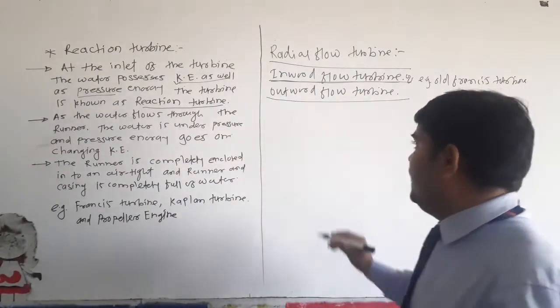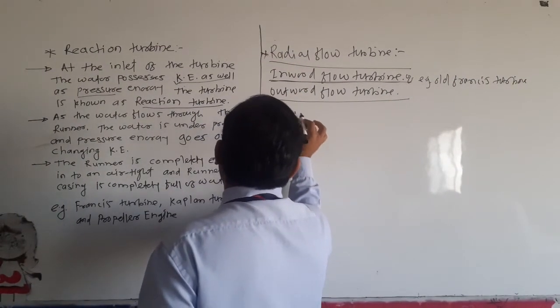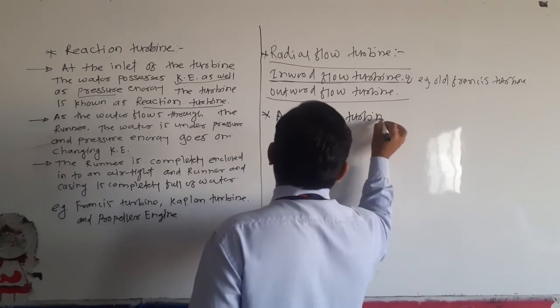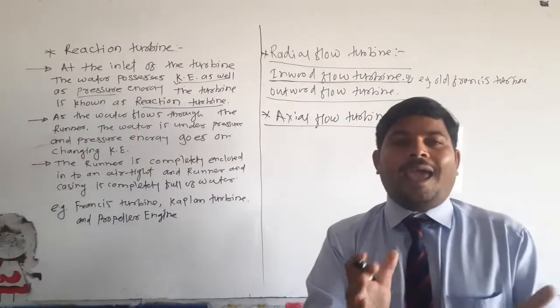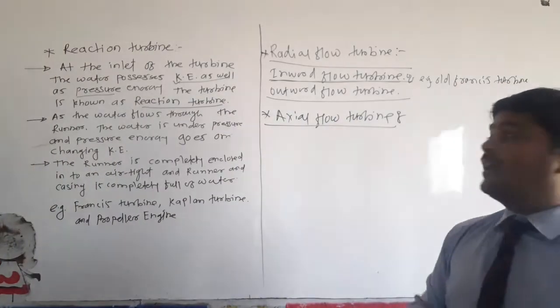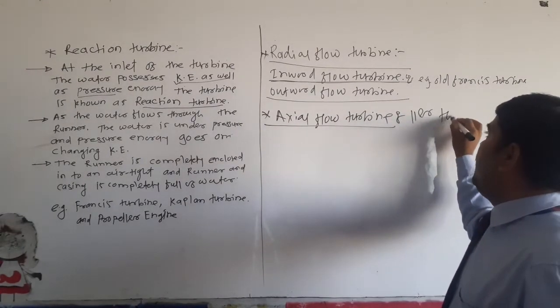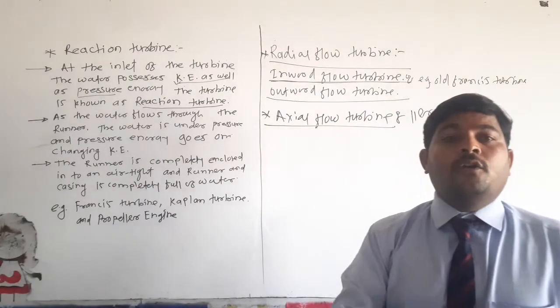Next is the axial flow turbine. So what is the axial flow turbine? The axial flow turbine is also called the parallel flow turbine.